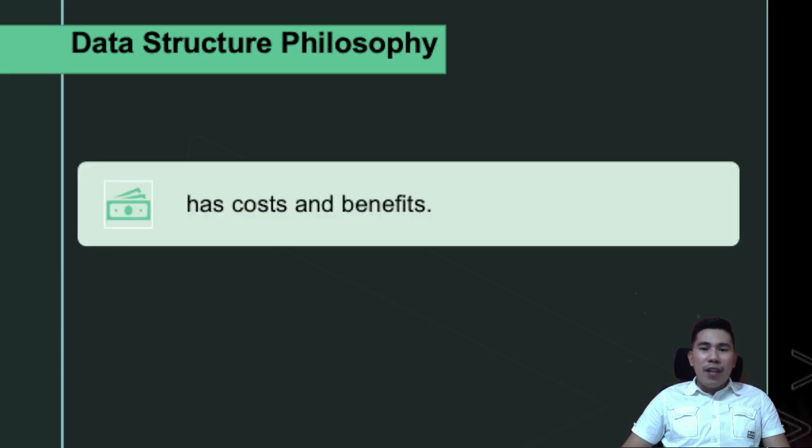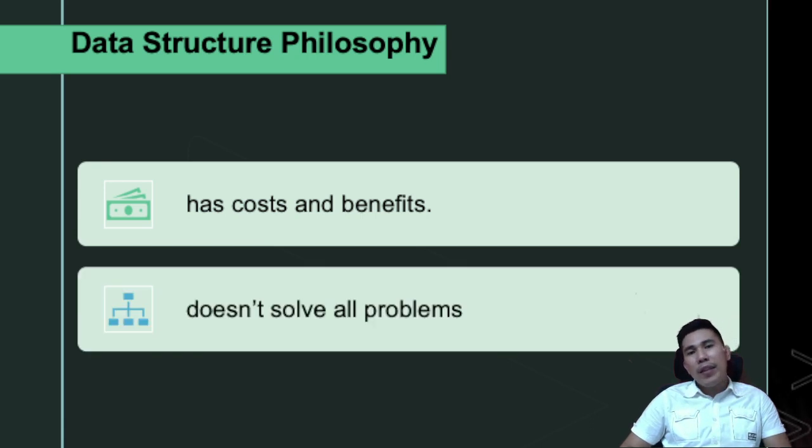So each data structure has associated costs and benefits. In practice, it's hardly ever true that one data structure is better than another for use in all situations. If one data structure or algorithm is superior to another in all aspects, the inferior one will usually have long been forgotten.